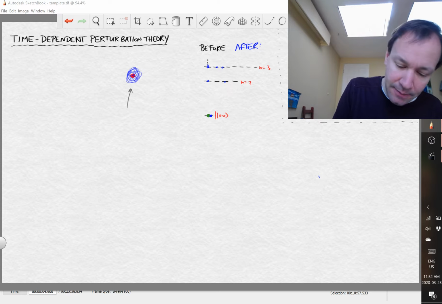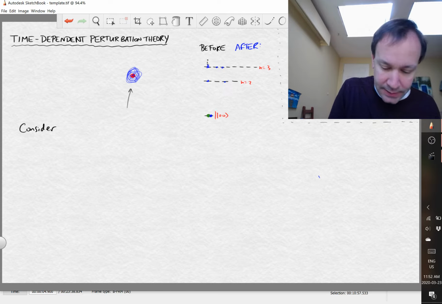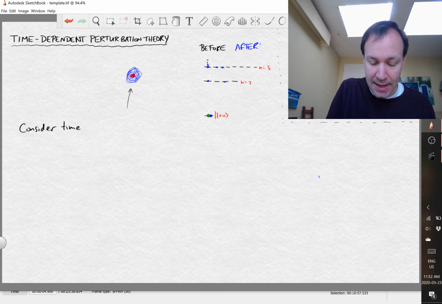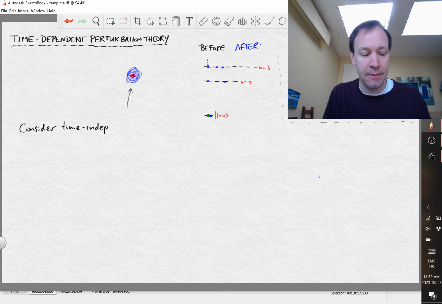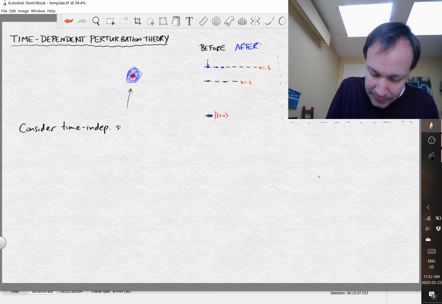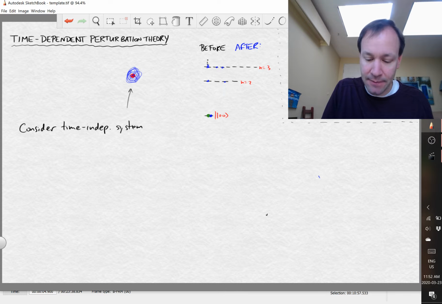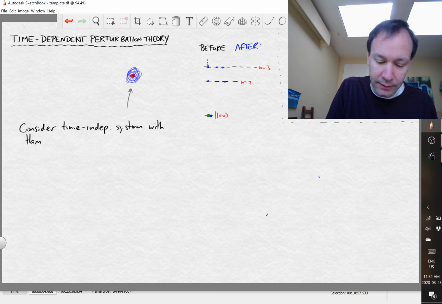And so the setup is that we want to consider some quantum system, and let's imagine that that initial quantum system that we're thinking about is time independent, and it has some Hamiltonian that I'm going to call H0.